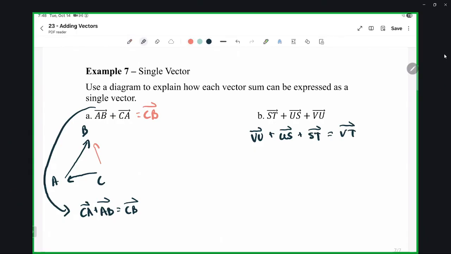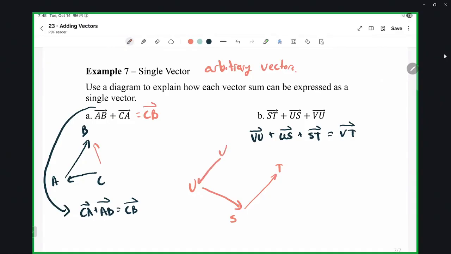So let's sketch what this looks like. Suppose we have vector ST here. Then we have vector US, say some vector going like this. Again, these are just arbitrary vectors. Then we have vector VU, so we can put another vector here.